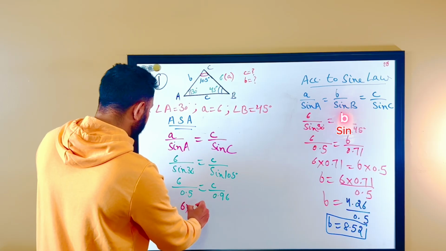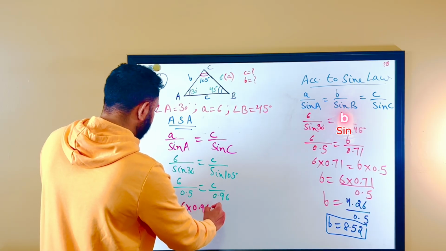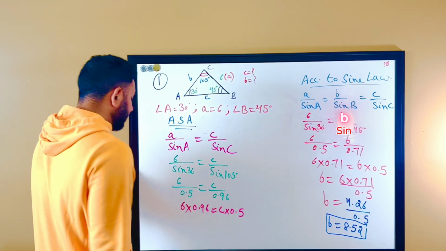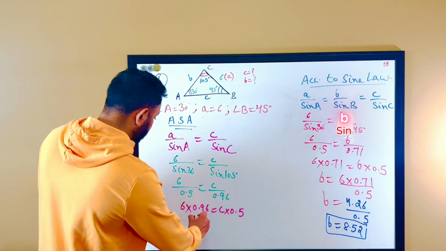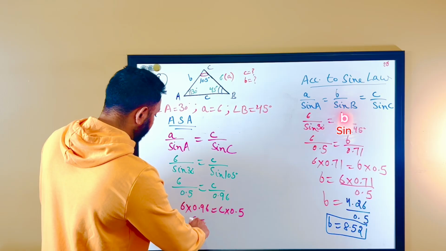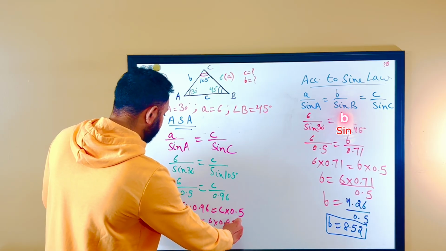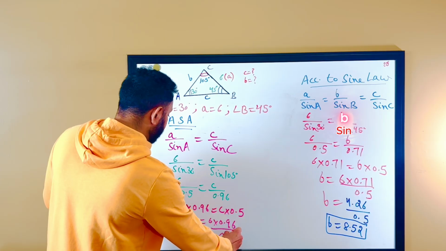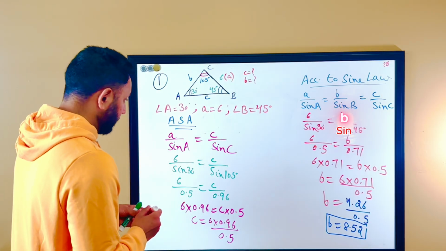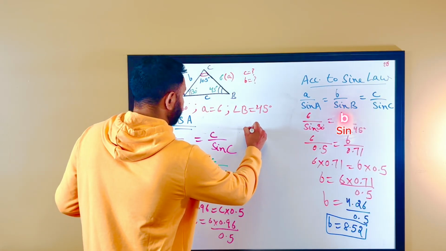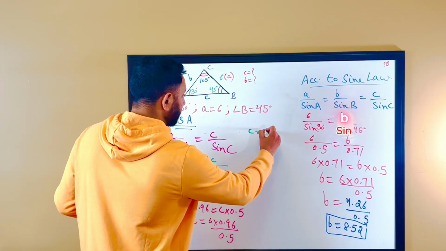So 6 into 0.96 equals c into 0.5. So c is equal to 6 into 0.96 over 0.5.